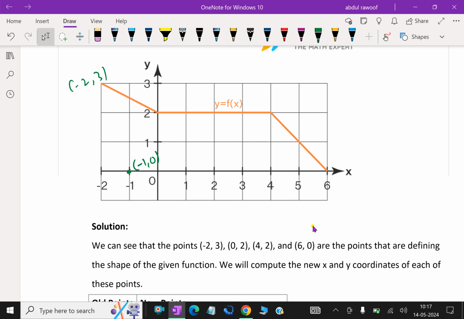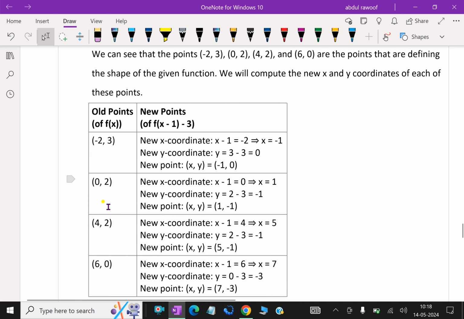This point is translated to here, and the same for the second point (2, 3) and (0, 2). x - 1 equals 0, so x equals 1, and the y coordinate is 2 - 3, because y is 2 as given.